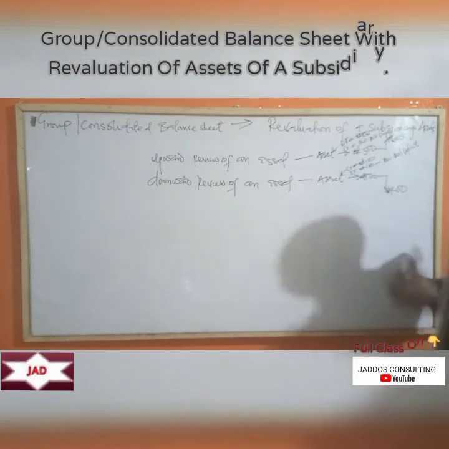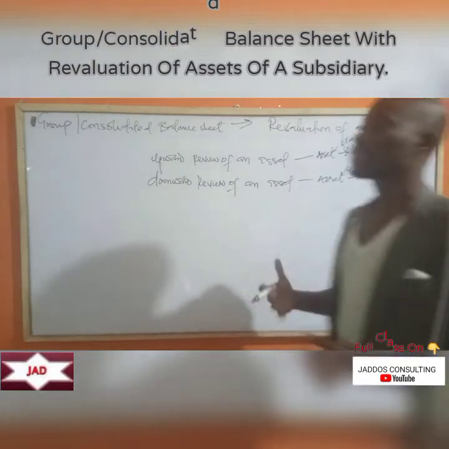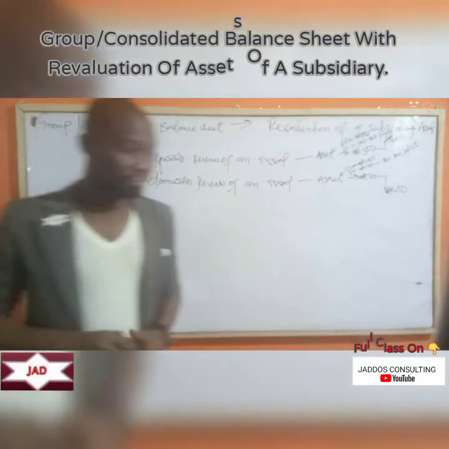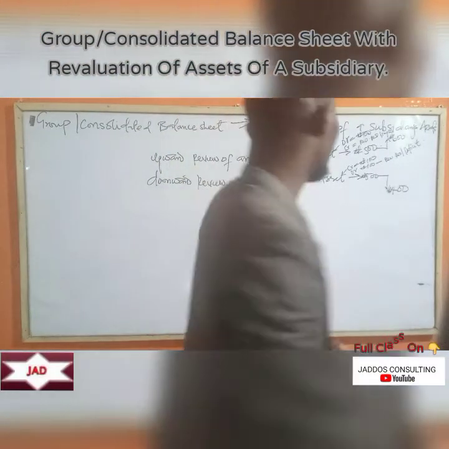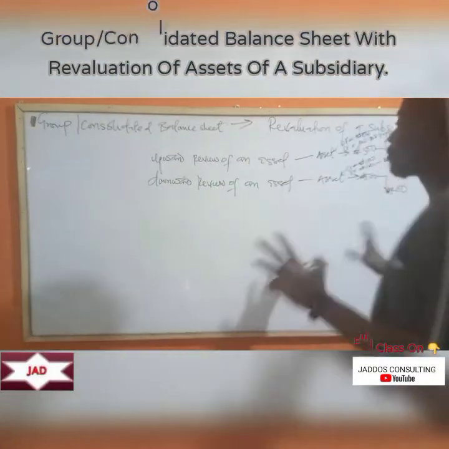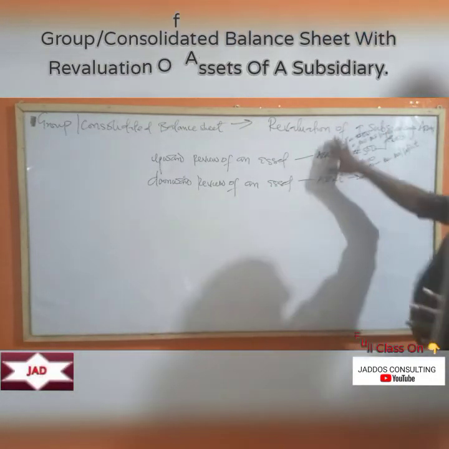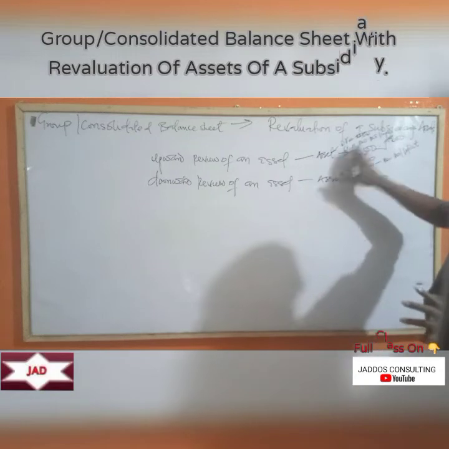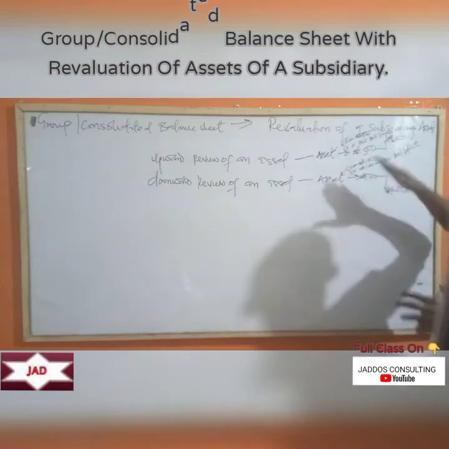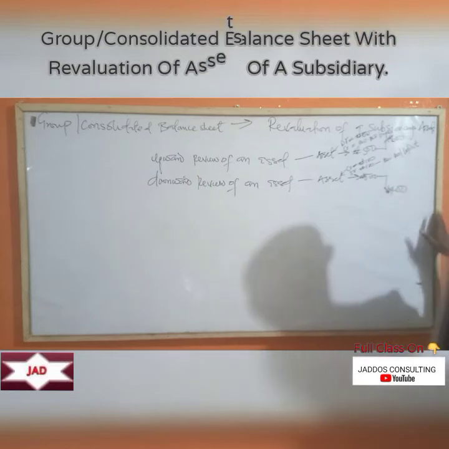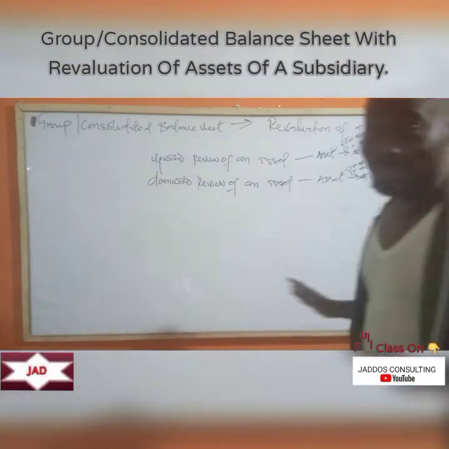Typically, when you revalue an asset, you're either revaluing it upward or downward. Upward, you debit asset, credit revaluation reserve or surplus. If it's downward, credit asset, debit revaluation reserve or deficit. That's generally the principle.